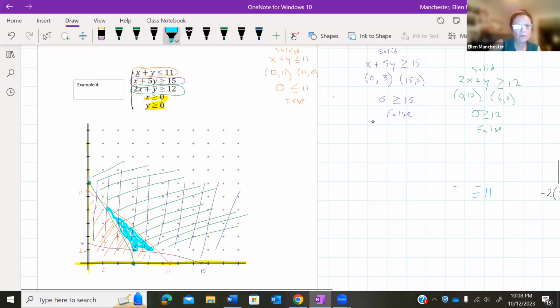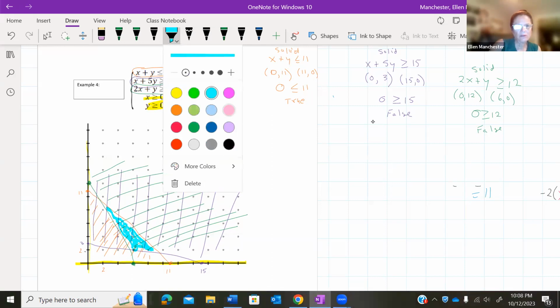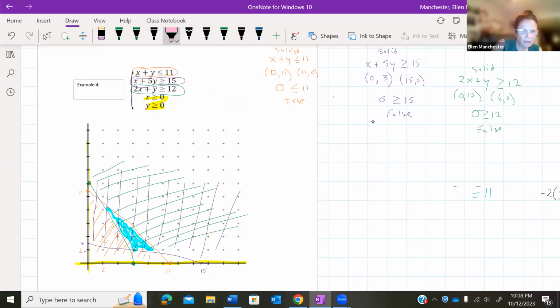It has a corner point. Let's see if I can do this. It has a corner point here. I'll do an arrow. Here, that is the green and the orange. So I'm going to find the corner points where the green and the orange line cross.